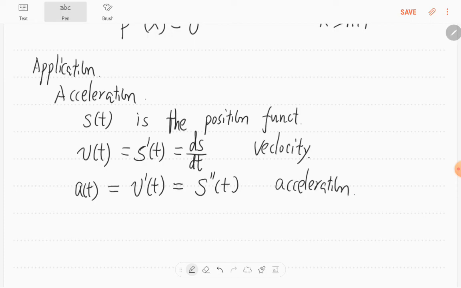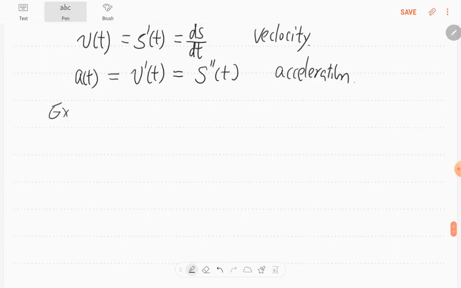Here is an example. Suppose you have a position function s of t, representing a moving object on a straight line, which is 12t minus 4.9t squared. What's the velocity?